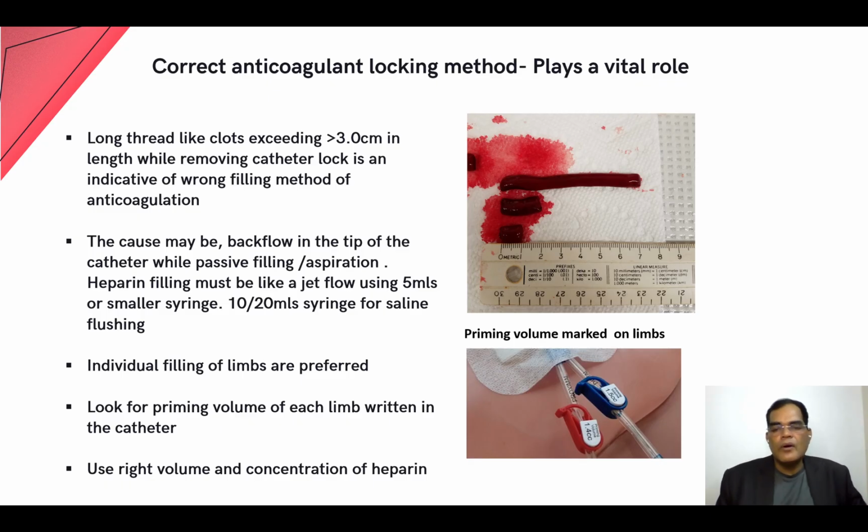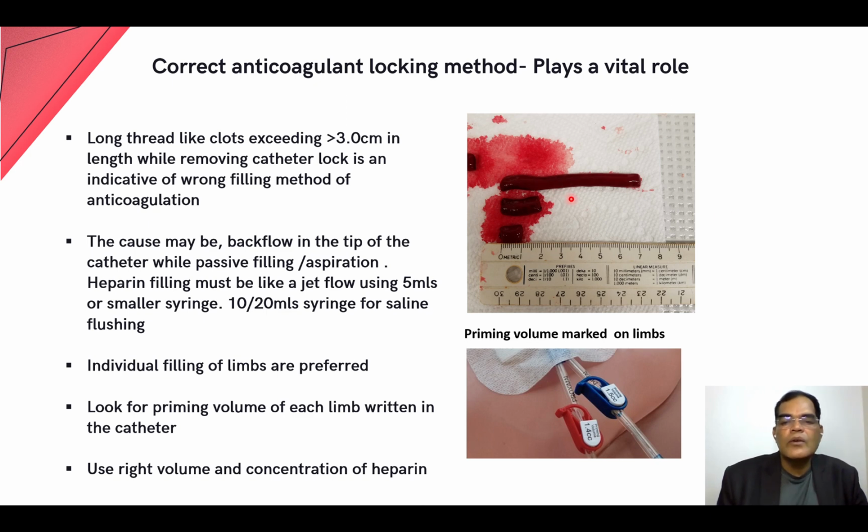One more thing we need to look into is filling the catheter with the anticoagulant agent. If it is done the wrong way, or with the wrong concentration, it can cause clotting inside the catheter.